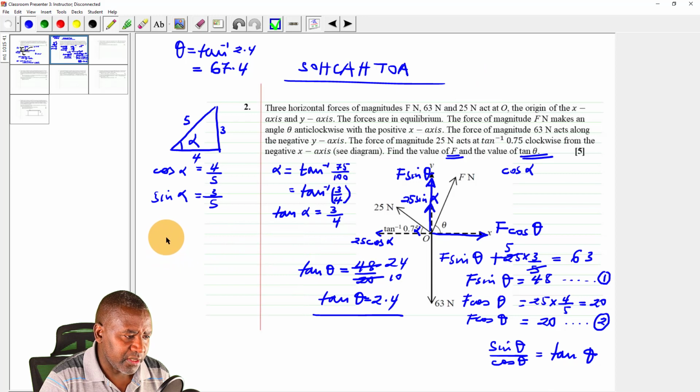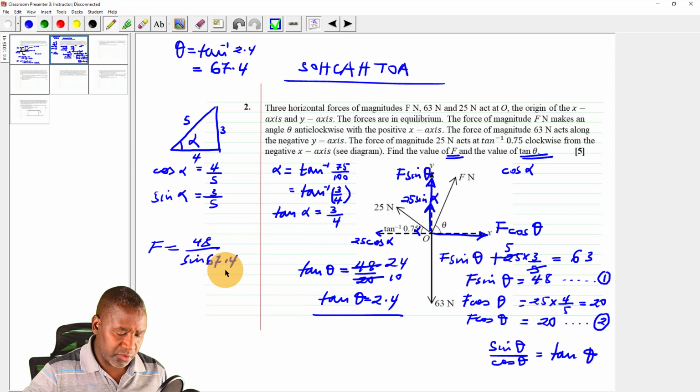over here you can say F is going to be equal to 48 over sine theta. F will be equal to 48 over sine theta, which is sine of 67.4. So let me see which will be the best method.